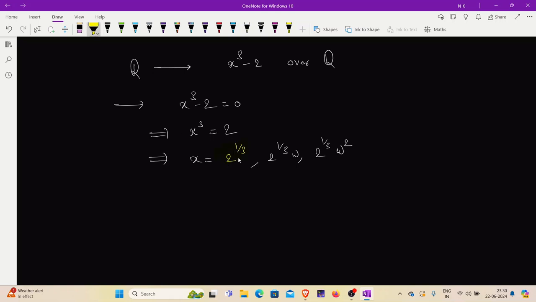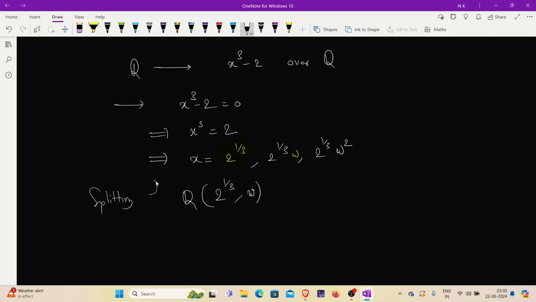Firstly, you need to attach 2 raised to 1 upon 3 to Q, and you need to attach omega separately to Q. So the splitting field of this particular polynomial over Q will be Q(2 raised to 1 upon 3, omega). That means if you attach these two elements to Q, then definitely you can find all the roots of this polynomial in this field. So this is your splitting field.